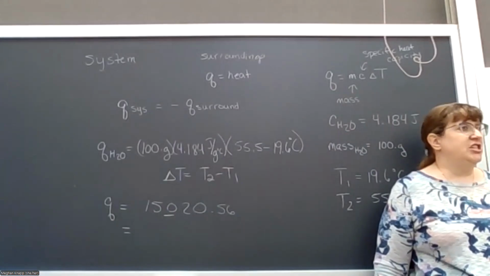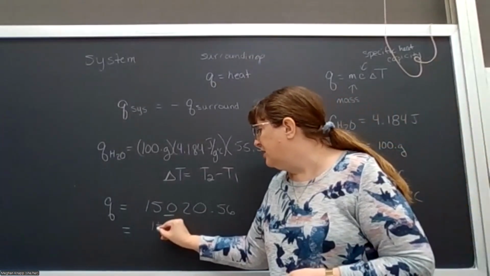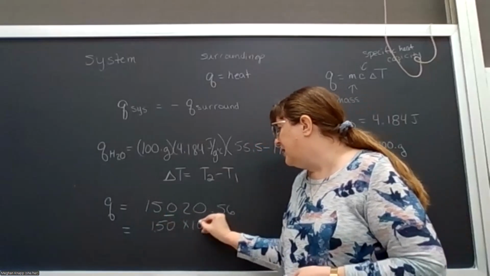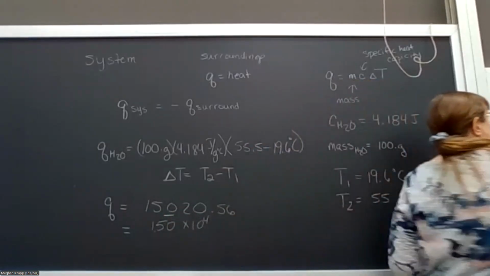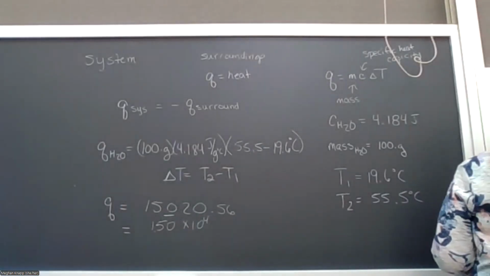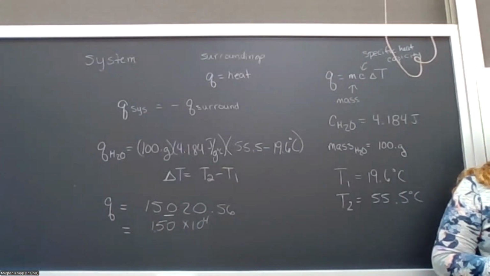Or I can change it to scientific notation. In scientific notation, it's 1.50 times 10 to the 4. So this shows me that I have 3 significant figures. Okay.